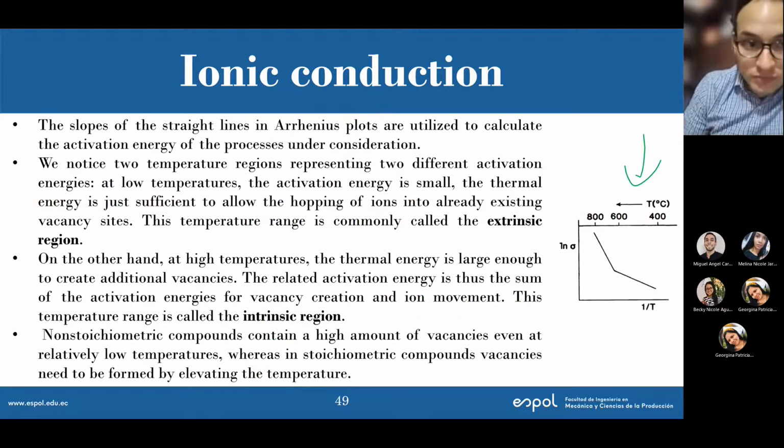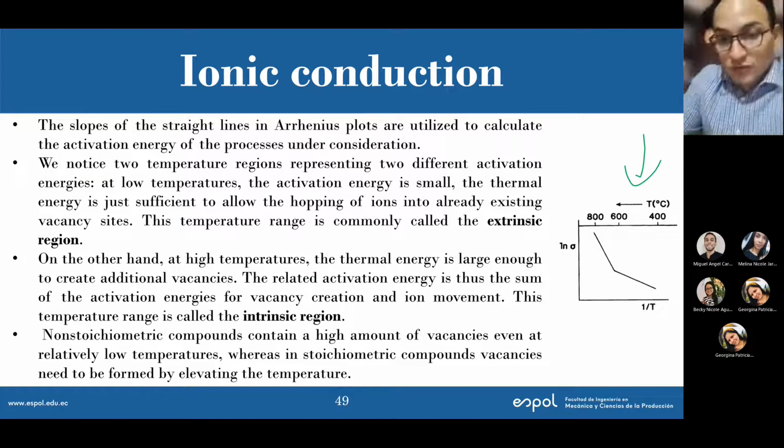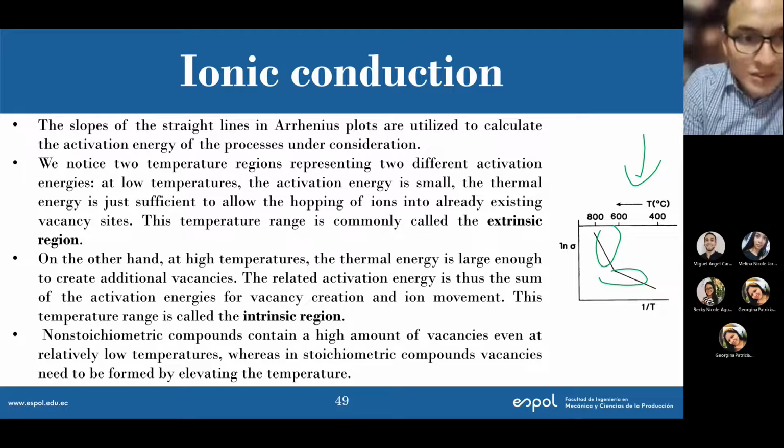Therefore, this linear relationship tells me that there are two regions of temperature, and therefore two different activation energies, because I can see two slopes there, right? So at low temperatures, what's happening? I don't see a big slope.